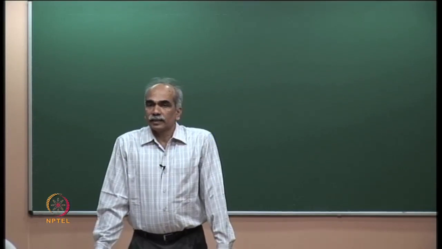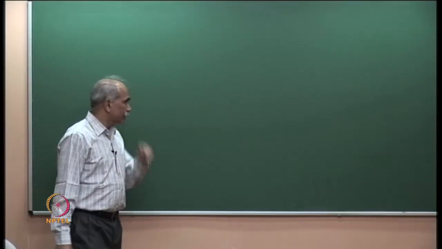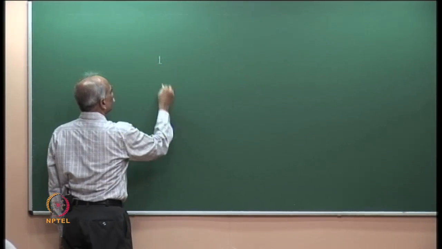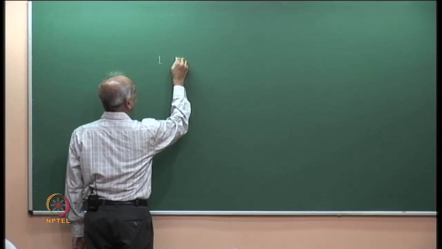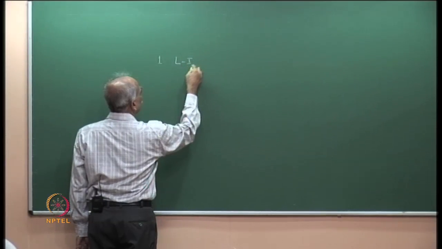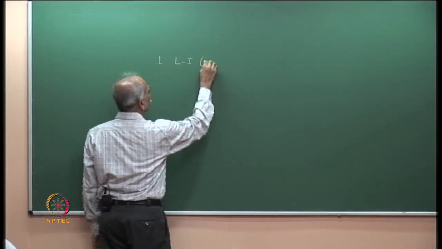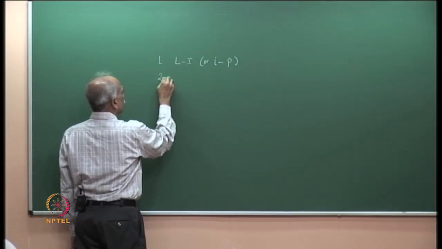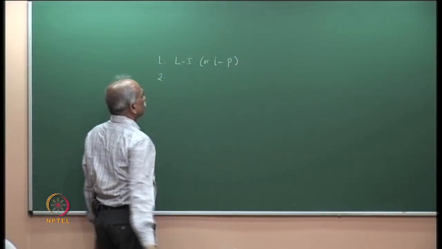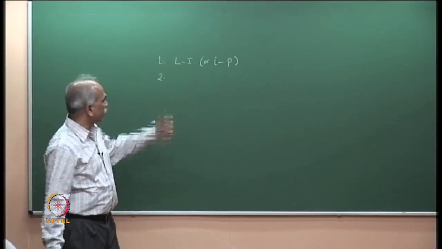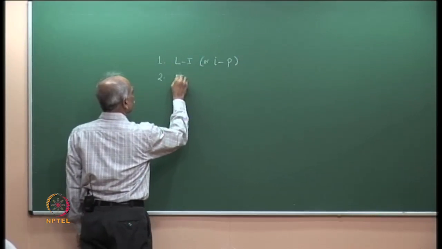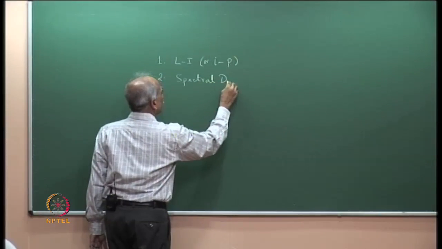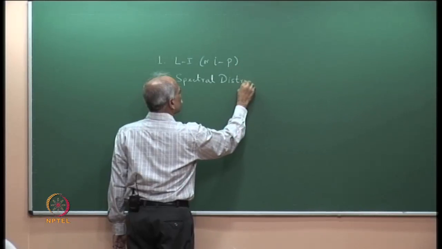In the last class we started with the device characteristics or the output characteristics. I had written a few characteristics. The first one was the light current characteristics, or I-P characteristics. The second one is the wavelength spectrum or spectral distribution.